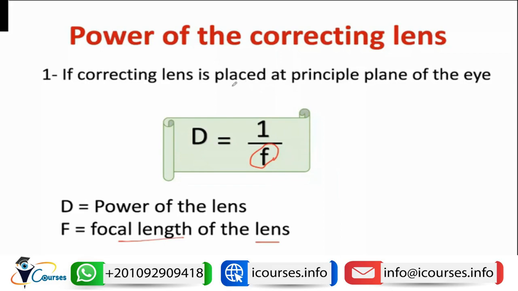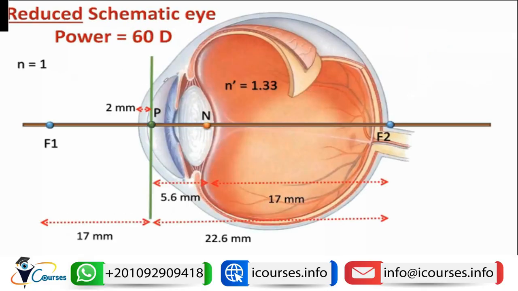This is provided that the correcting lens is placed at the principal plane of the eye. Please focus very much. If we wanted to correct a myopic eye, or an eye with a refractive error, ideally speaking, we should place the correcting lens at the principal plane of the eye, which is inside the eye, about 2 millimeters behind the anterior corneal surface.